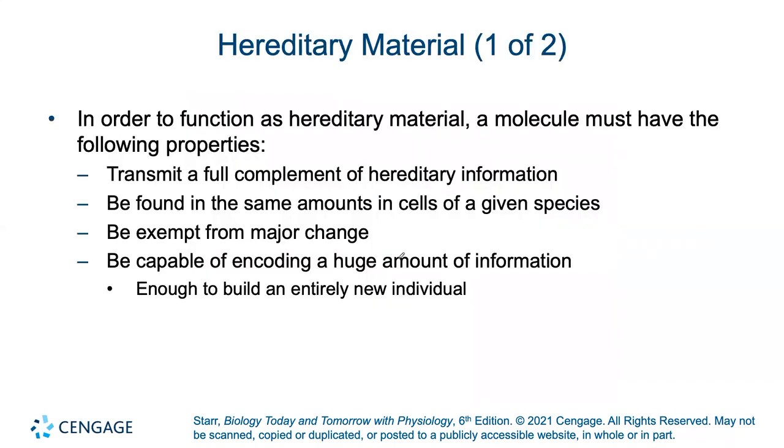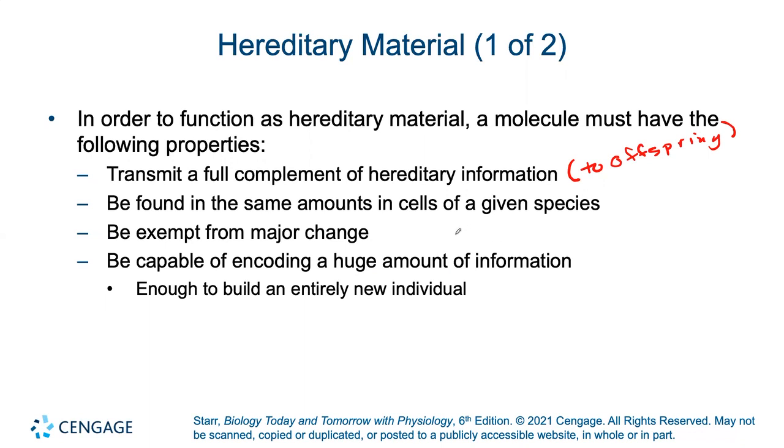In order to function as hereditary material, a molecule has to be able to transmit a full complement of hereditary information to offspring. It has to be found in the same amounts in cells of a given species.